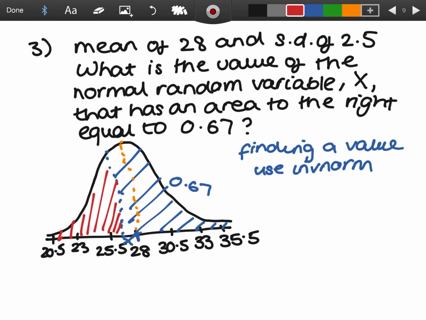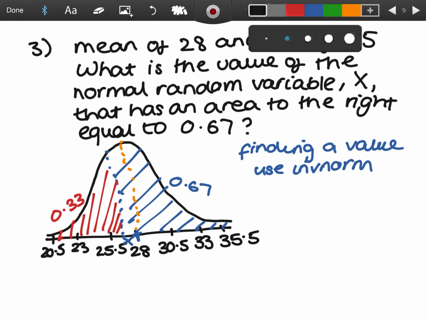I need the area to the left of it, that red area. That is what I plug in to inverse norm. It always has to be the area to the left, so don't get caught out by that. It has to be the full area to the left of the value that you are trying to find. The area under the whole curve is 1. I know I've got 0.67 to the right of the value, which leaves me with 0.33 to the left.